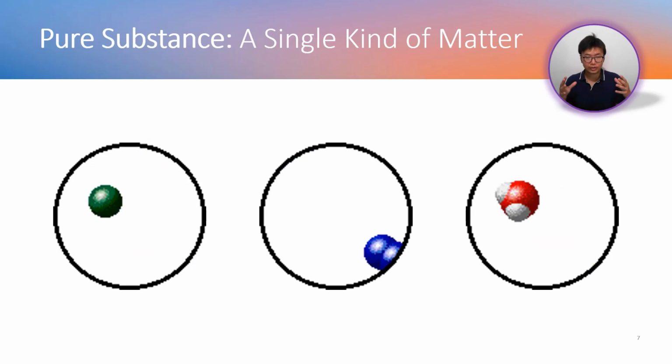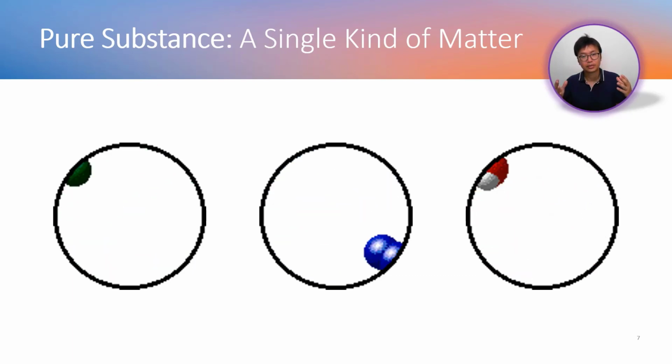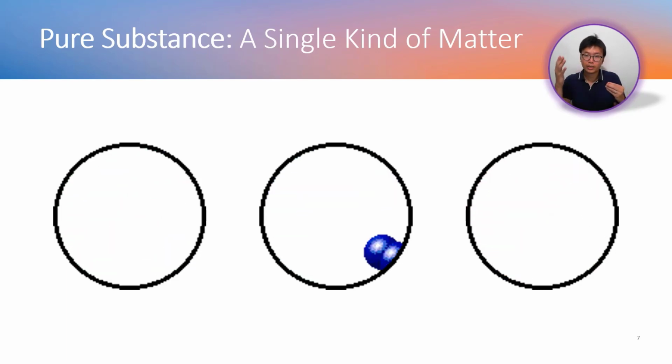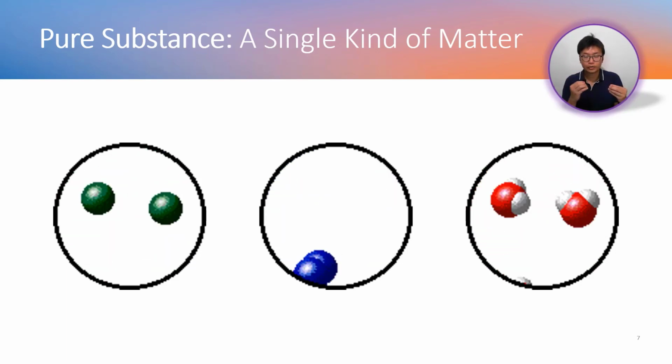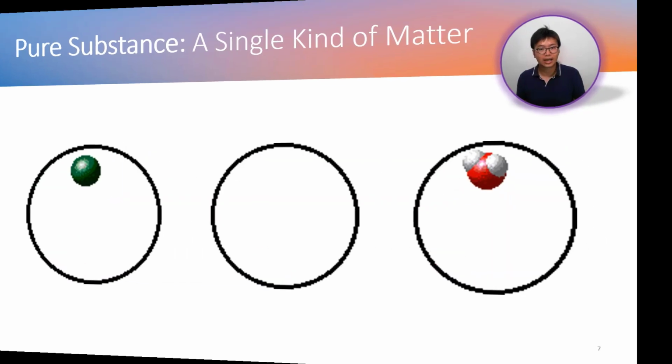So when you have this microscopic picture of a pure substance, that's how we make a connection between the macroscopic level and the microscopic level. Later on, we're going to write chemical reactions, so we're going to study at three different levels: macroscopic, microscopic, and the abstract written chemical reaction style.